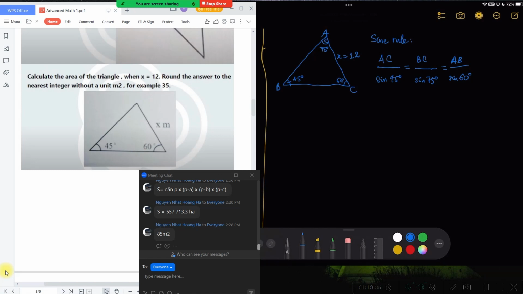Actually it's easy. I think we can probably find a height here. Phải tìm được cái đường cao này, yeah. So we need to apply this one then. Okay, AC it's 12. Sine 45 it's square root of 2 divided by 2, căn 2 chia 2.